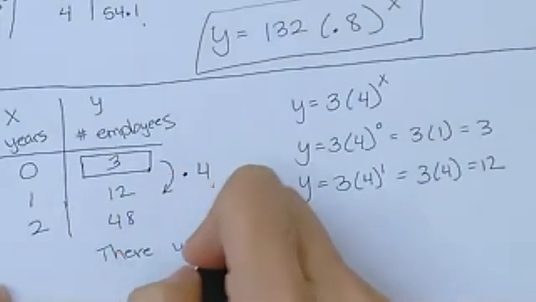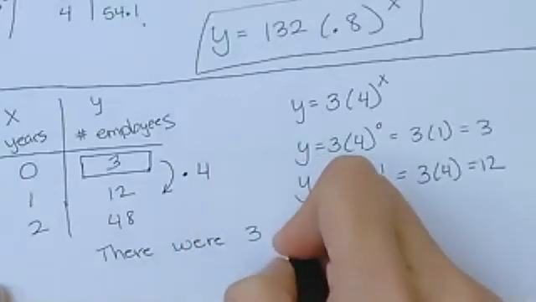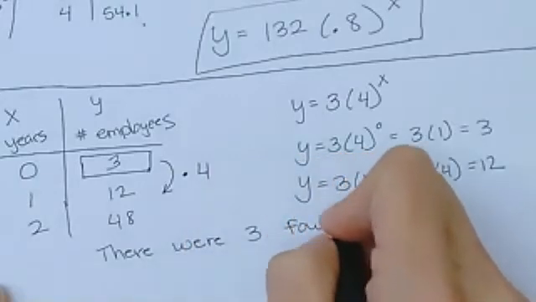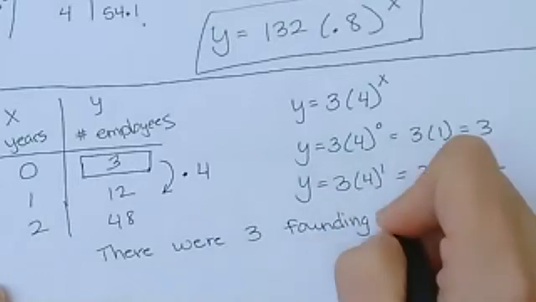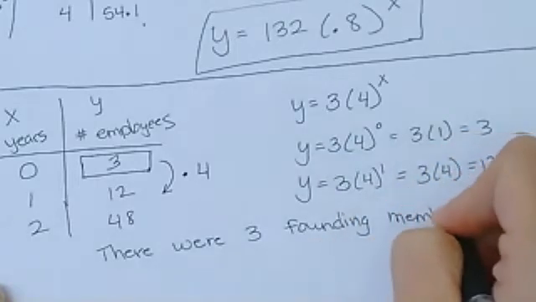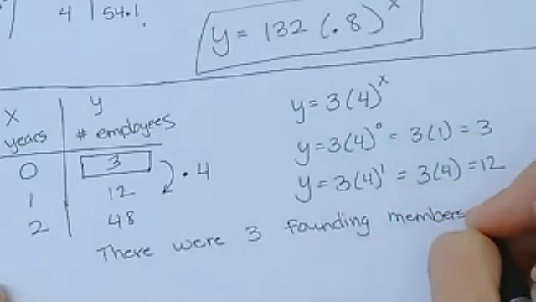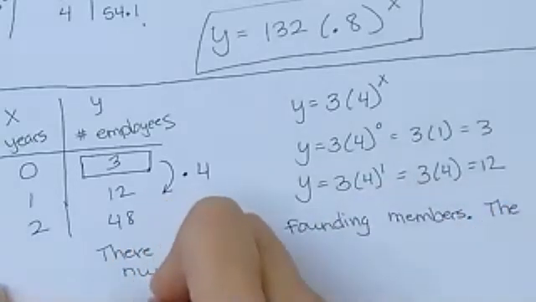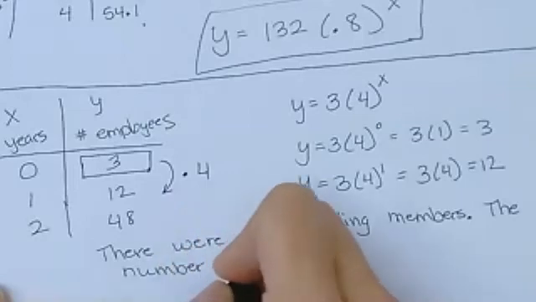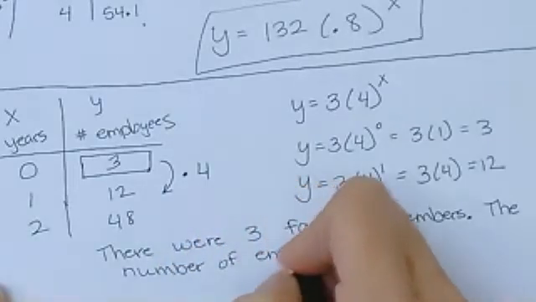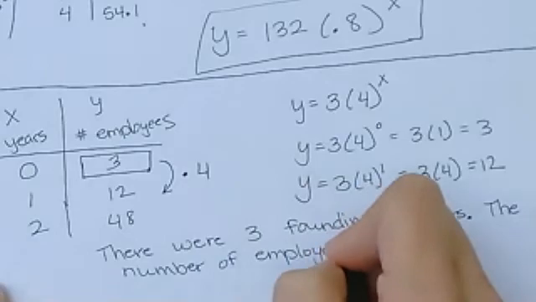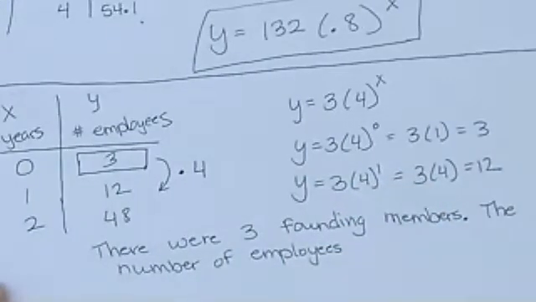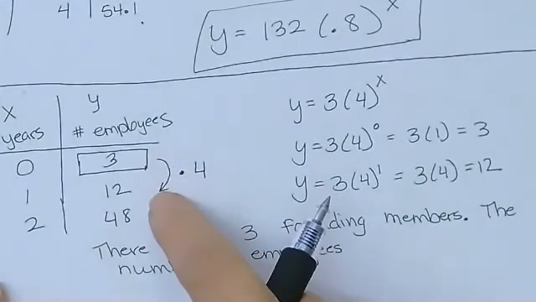So the answer to this question is there were 3 founding members. Those are the original employees. And the number of employees is increasing. It's increasing by multiplying by 4.